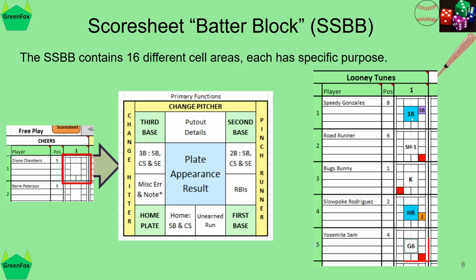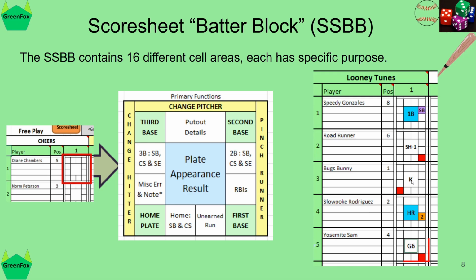And here you can see how they're used. In this example, Speedy Gonzalez got a single, that's the 1B. This SB means he stole second base, and the fact that it's colored in blue indicates that's an earned run that he scored. Here's a sacrifice bunt to the pitcher who's thrown out at first.